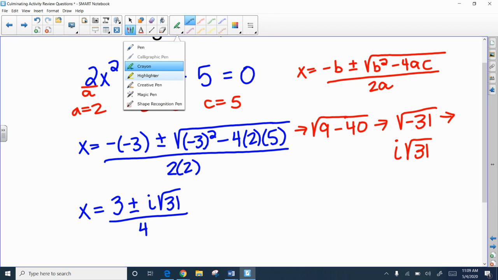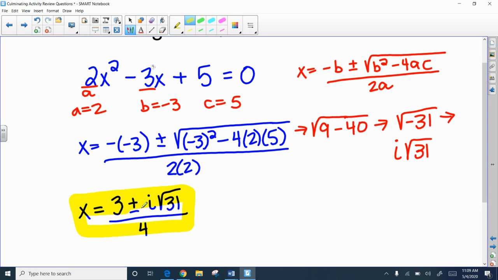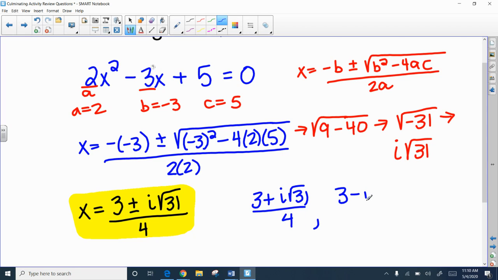So we would just leave our answer like this. On a multiple choice question, it's going to be written as two solutions like this: 3 plus i square root of 31 over 4, and 3 minus i square root of 31 over 4. So instead of writing the plus or minus, it'll probably be written as two separate answers.